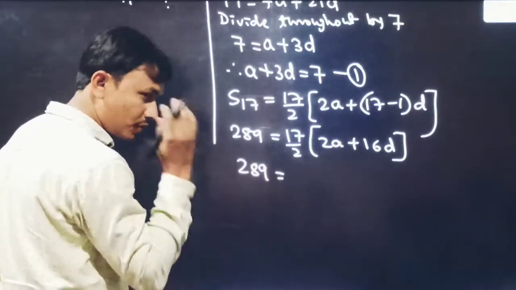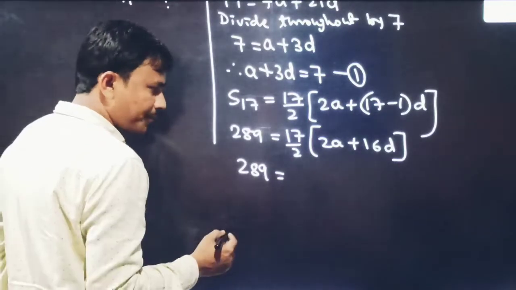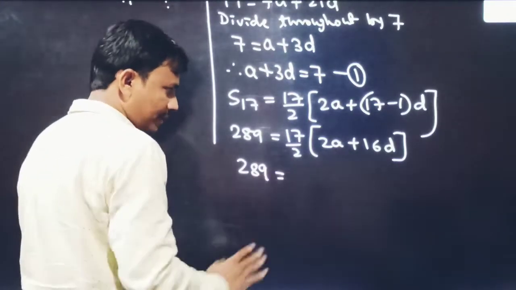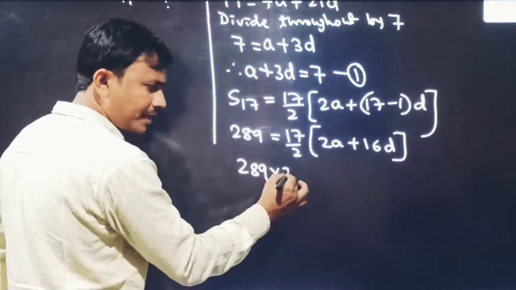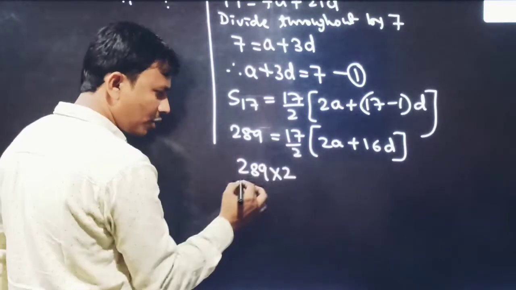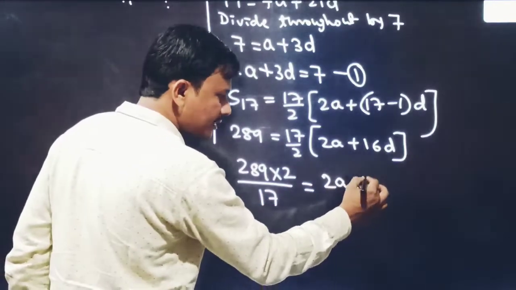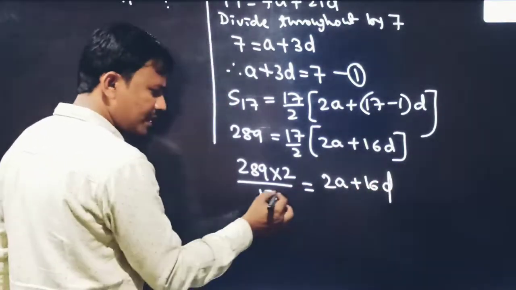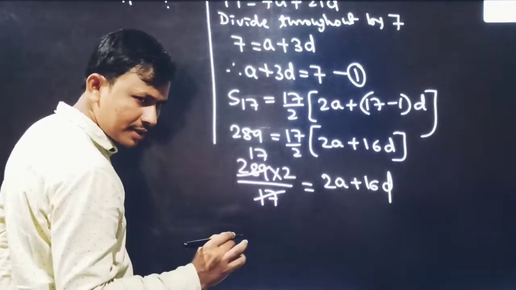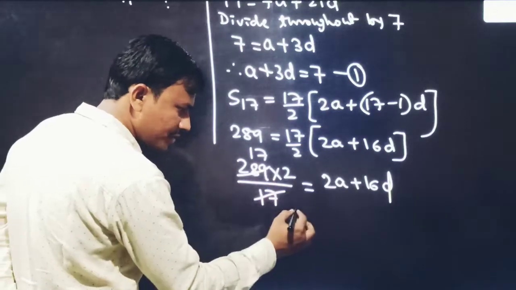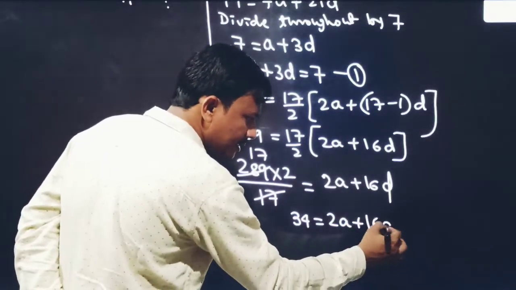289 is equal to 17 by 2 in bracket 2a plus 16d. Division by 2 becomes multiplication by 2, and multiplication by 17 becomes division by 17. So 17 is equal to 2a plus 16d. 17 twos are 34 is equal to 2a plus 16d.